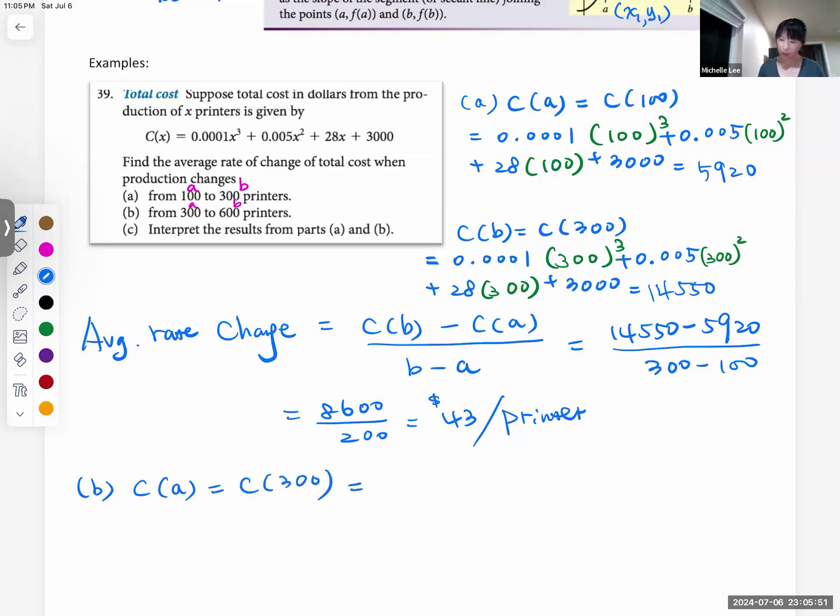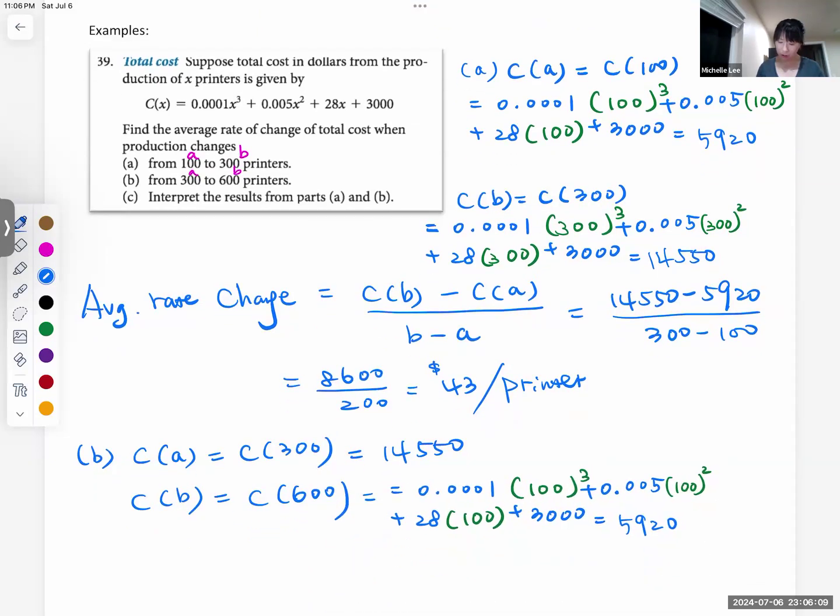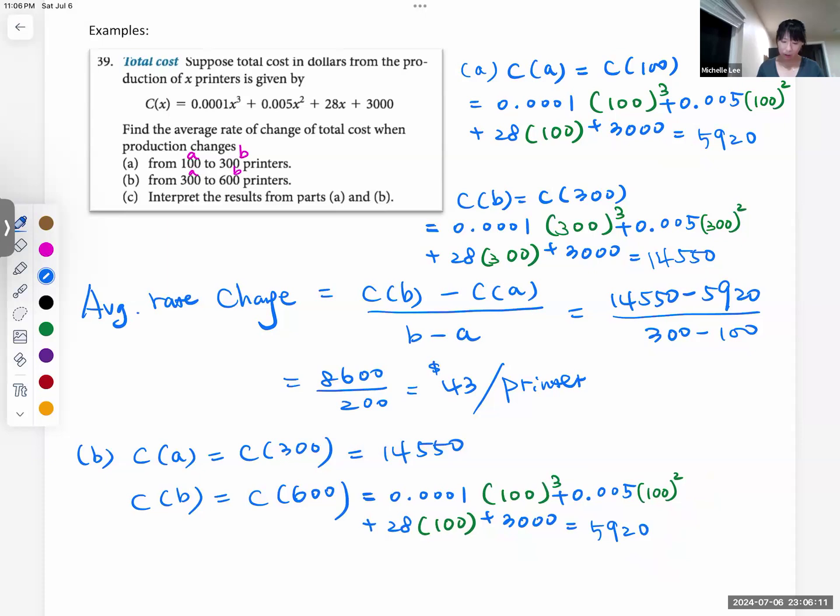We have that here, 14,550. And then C of b, which is 600, right? So C of 600. Okay, let me copy this one. So we have 600.